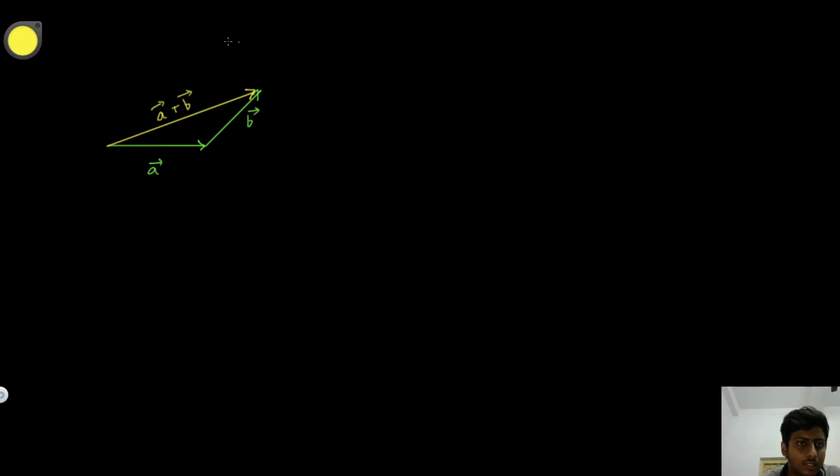This was one arrangement, as it involves the use of a triangle. It forms the shape of a triangle and hence it is known as the triangle law of vector addition. Now we'll discuss the parallelogram law of vector addition.